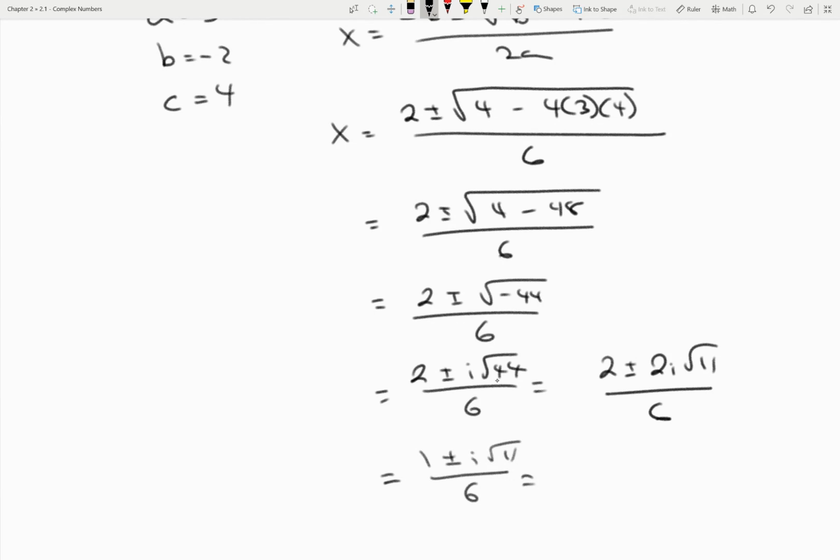Written in standard form would be 1/6 plus or minus, in the front of the fraction, i radical 11 over 6. Okay. And those are my, whoops, sorry. I'm dividing everything by 2, so it is over 3, right? 2 over 6, 1 over 3. Okay. So that would give me my two solutions, the plus and the minus.